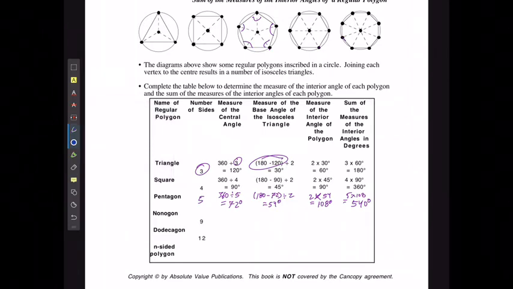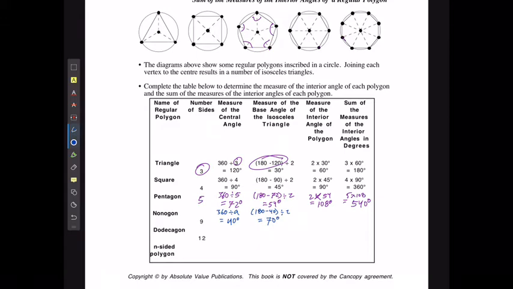If I am looking at a 9-sided one, then I'm going to go 360 divided by 9, and that's going to give me 40. If I take 180 minus 40 divided by 2, then that's going to give me 70 degrees.